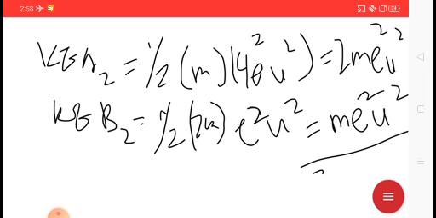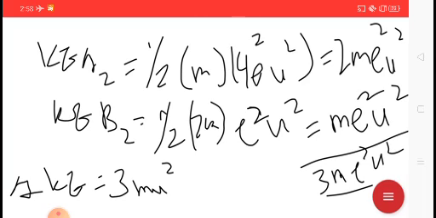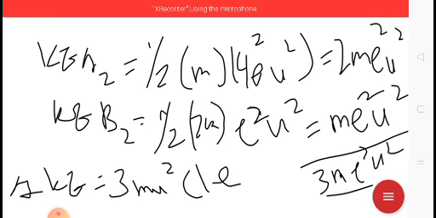So you have total 3m e squared u squared. So the change in KE will be equal to 3mu squared times (1 minus e squared). So this is the loss of KE because of the e. So this is for question 6.